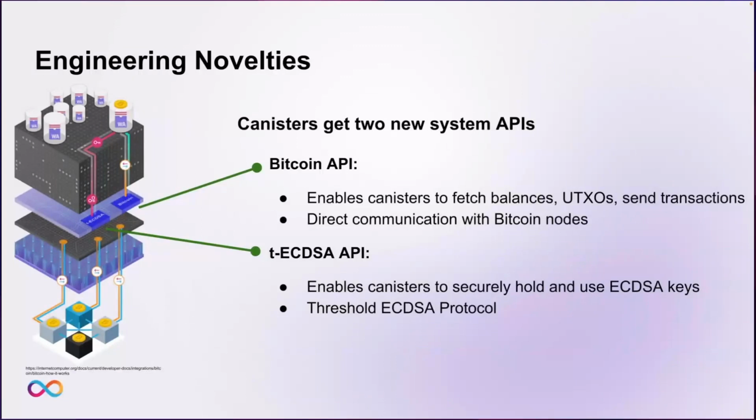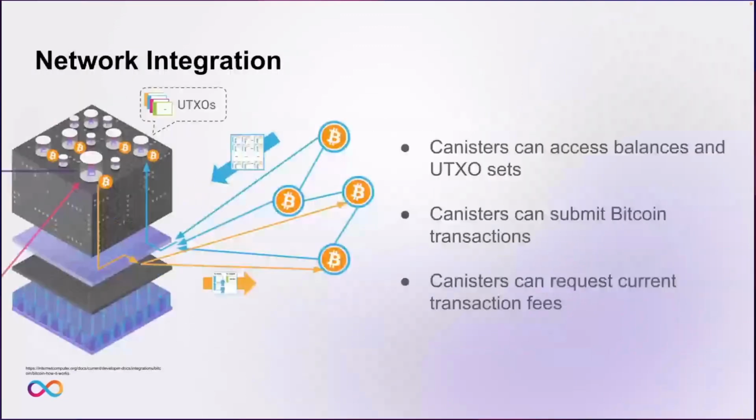And both of these novelties are now available through the Management Canister API. So let's start with the protocol level integration of the IC with the Bitcoin network. Through this, the Internet Computer can obtain Bitcoin blocks directly from the Bitcoin network and process the contained transactions. This allows for maintaining the full Bitcoin UTXO set on-chain on the IC. So now canisters can run queries against the full Bitcoin UTXO set.